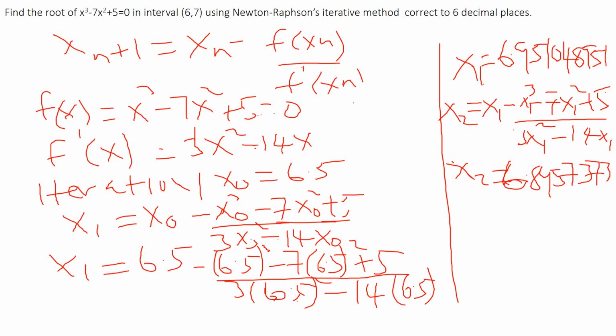So that is our second approximation. We can take this second approximation and use it to get the third approximation also.